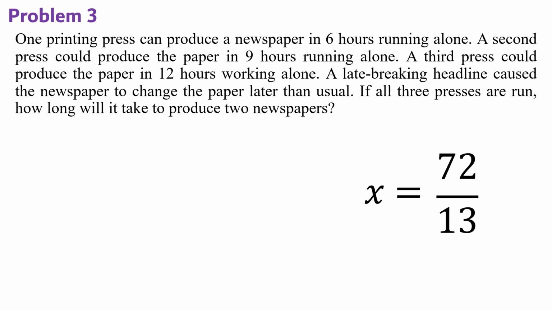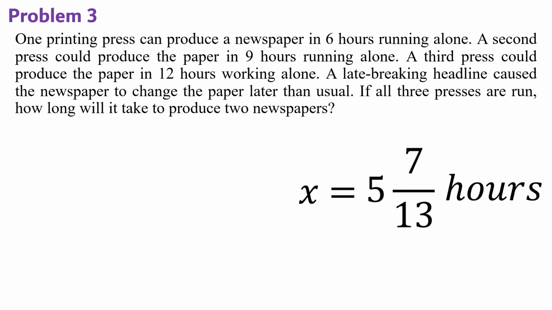Then change the improper fraction to mixed form to get the final answer, which is 5 and 7 over 13 hours. So that means it takes 5 and 7 over 13 hours to create the 2 newspapers if all 3 printing presses are working.